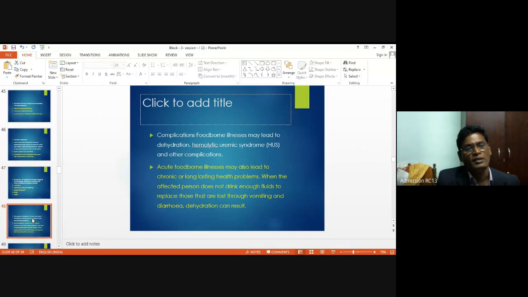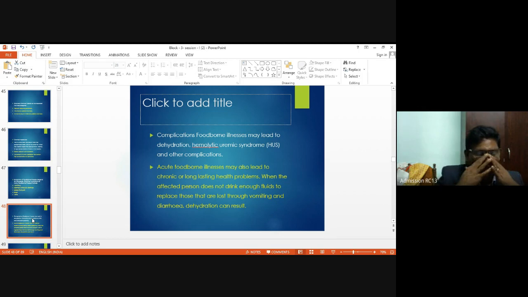An acute foodborne illness may also lead to chronic or long-lasting health problems when the affected person does not drink enough fluids to replace those that are lost through vomiting and diarrhea, and dehydration can result.